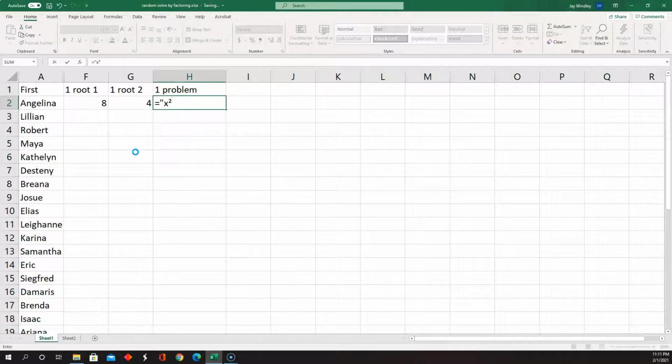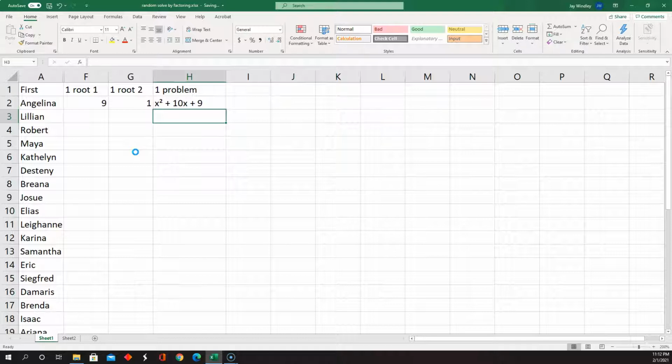Then I'm going to do space and a plus sign, and then space, end quote, and my coefficient of x I want to be the sum of those two random numbers, so that's going to be f2 plus g2, close parentheses, and open quote, our variable x, and then a space, and then a plus sign, and then another space, end quote, and then in parentheses the product of those two, so that's going to be f2 times g2, close parentheses, enter.